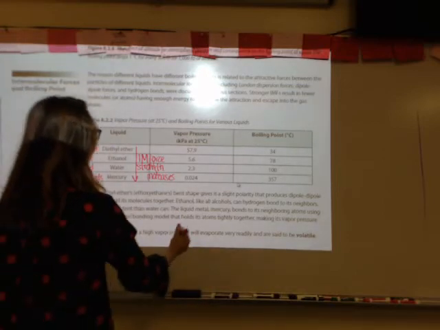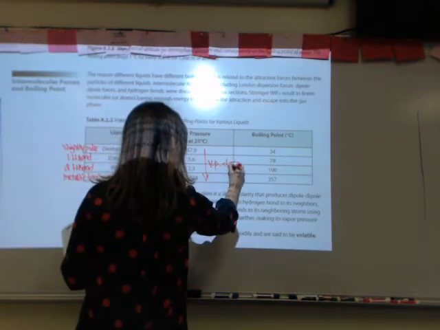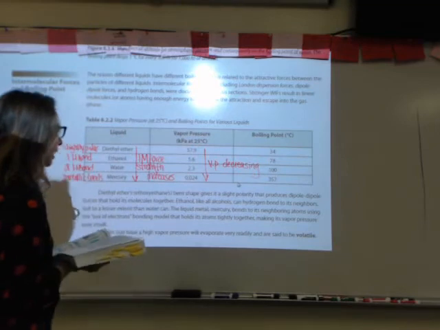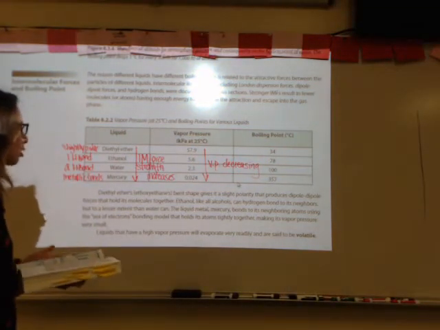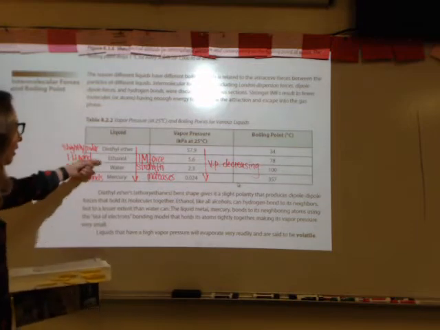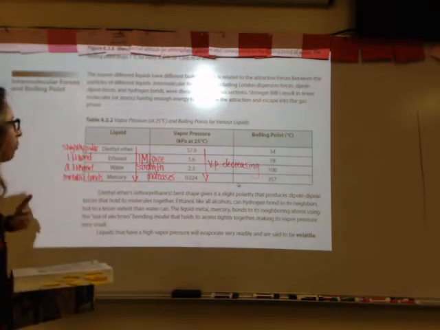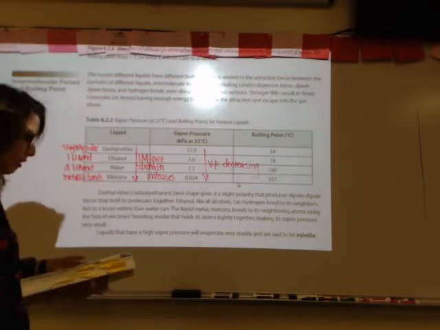You'll notice that the vapor pressure is decreasing with increasing intermolecular force strength. So that means it gets harder and harder to get these substances into the gas phase, or the atoms don't have enough energy to overcome the attraction between them to get into the gas phase.